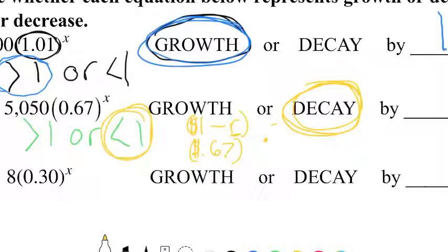So we've got to take away 33 cents from $1 to get 67 cents. Well, this decimal of 0.33 translates to a percent of 33%.